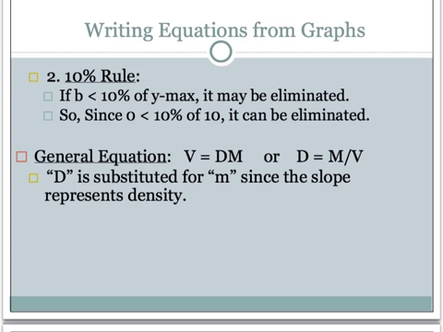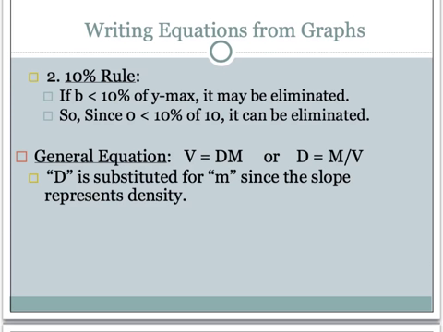Now the second way that we can talk about the y-intercept is when I talked about the 10% rule. The 10% rule says that if b, where b is the y-intercept, is less than 10% of the biggest y value, then it can be eliminated. In this case, the biggest y value was 10.